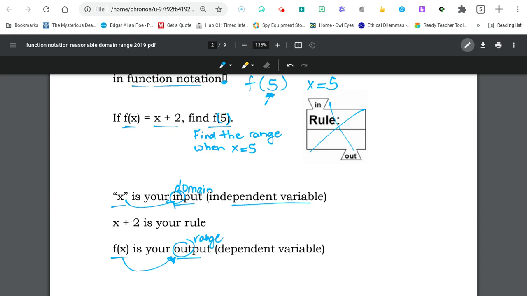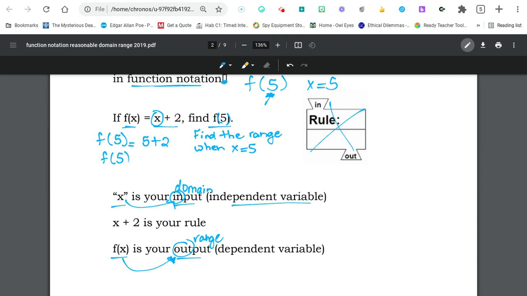All right, so I'm going to go back here. So I'm going to take x out and put 5 in. So instead of f of x, it becomes f of 5. In other words, what's my range when my x is 5? What's my range value when my x is 5? And then I'm going to take this x and replace it with 5 and then add the 2. You just follow your expression.